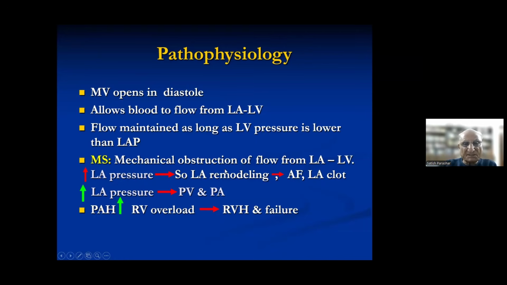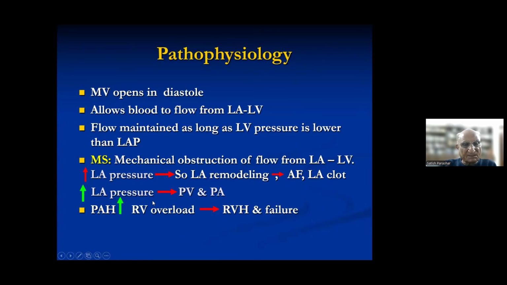Whenever you hear the word remodeling, it means a change in shape and function. So the LA increases in size because any chamber subjected to increased pressure increases in size, and then it ultimately leads to atrial fibrillation and LA clot. So whenever you do an echo, you always look at the left atrium. Now another thing, the basic disease is increased LA pressure. So this is one cycle.